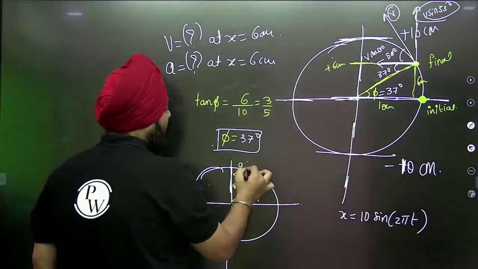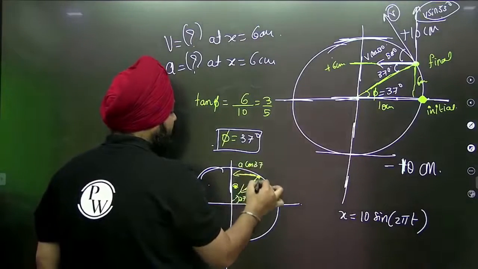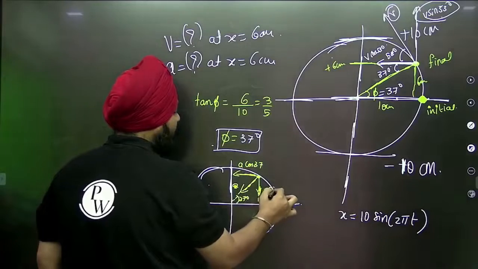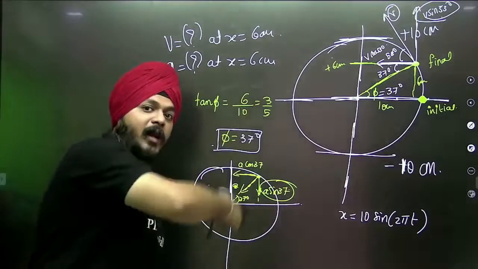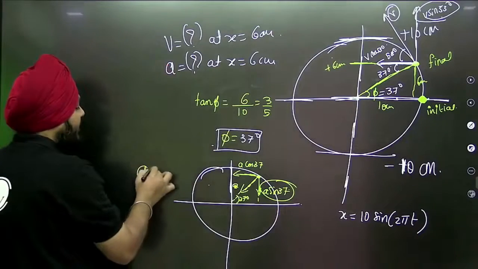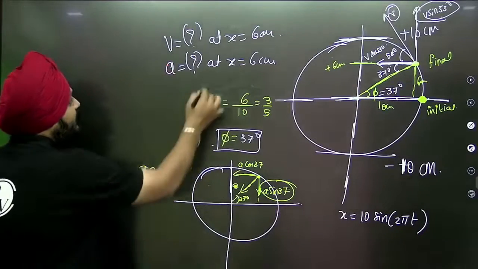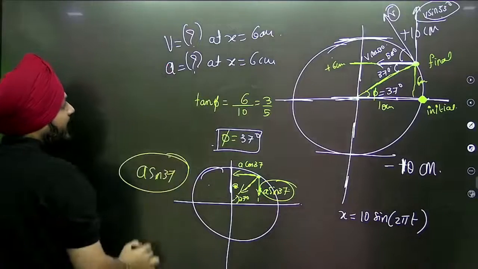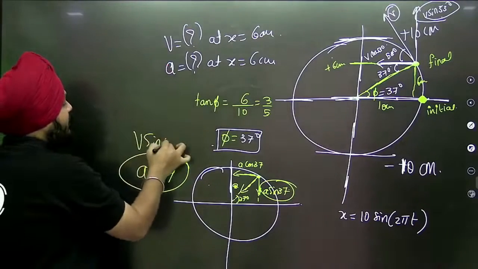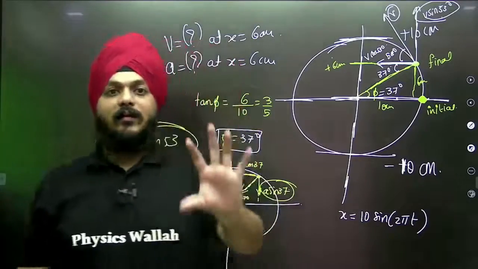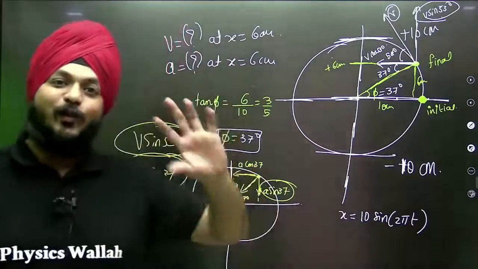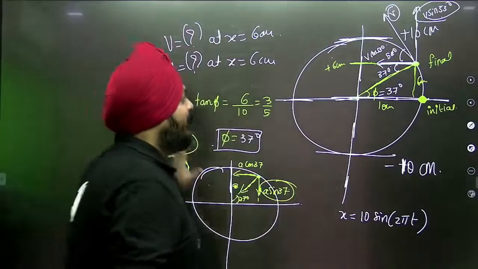This is the component A cos 37. This is the component A sine 37. The component that is acting parallel to the path will be our answer. So at 6 centimeter, this will be our acceleration and this will be our velocity. This is as easy as you are thinking right now.